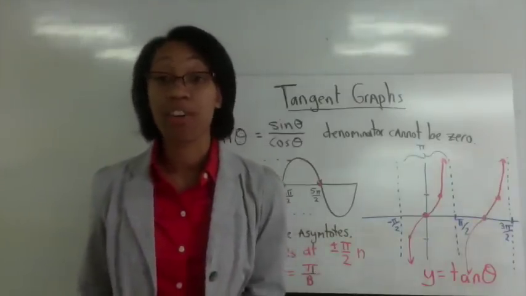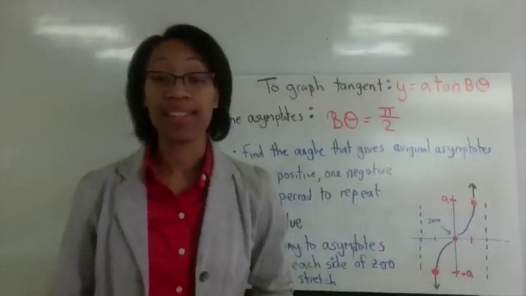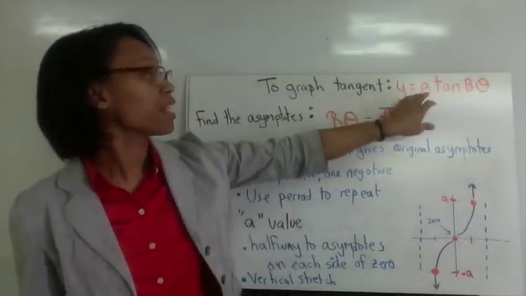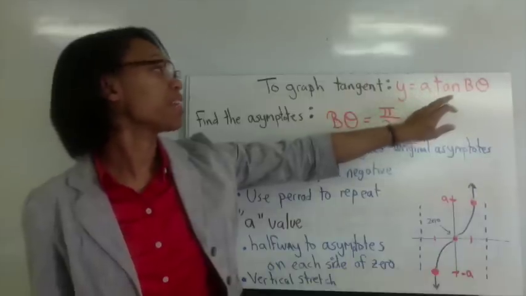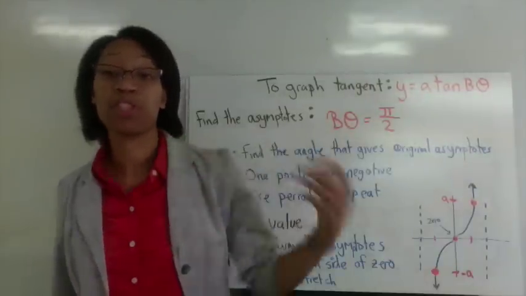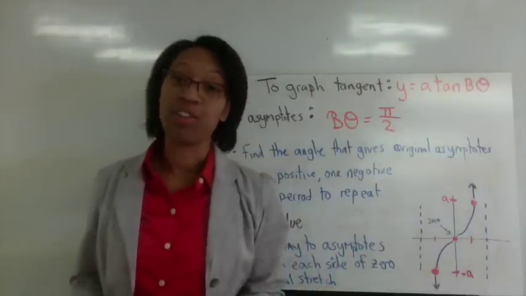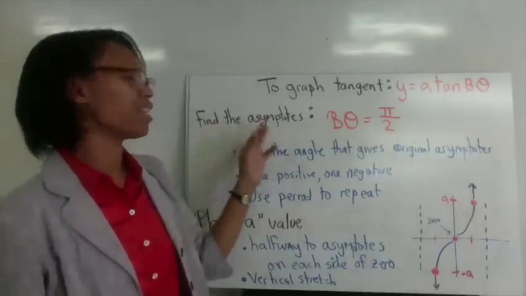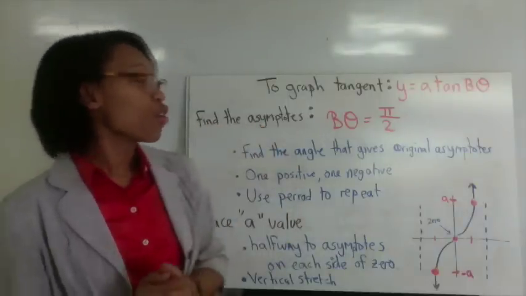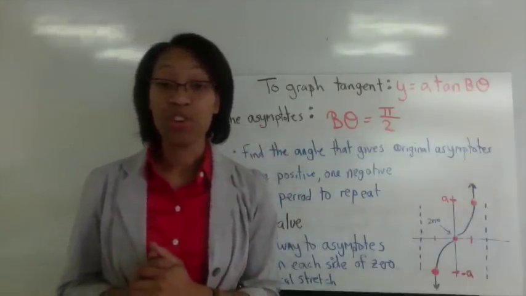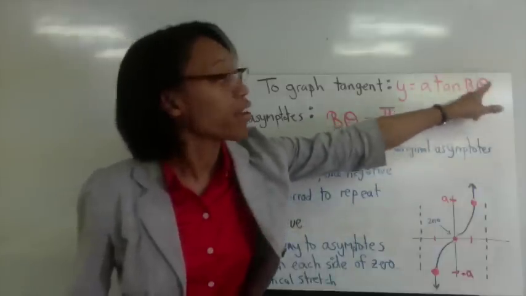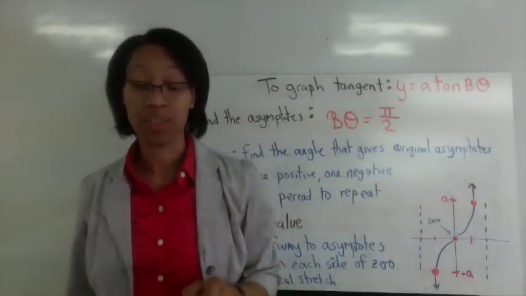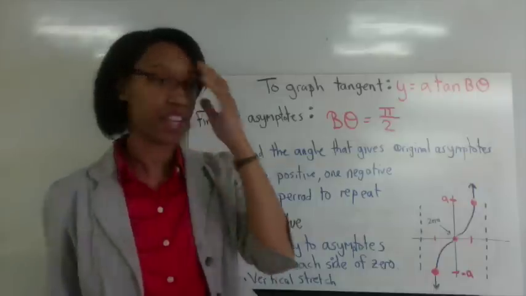All right, so let's talk about how to graph these. One of the main things I'm going to want you to do for this lesson is to take something that's given to you like this, y equals a tangent b theta, and I want you to be able to graph it. In order to graph it, you have to find the asymptotes first. To find the asymptotes, you're going to compare your values on the inside with the place where you already know the asymptotes are for tangent.